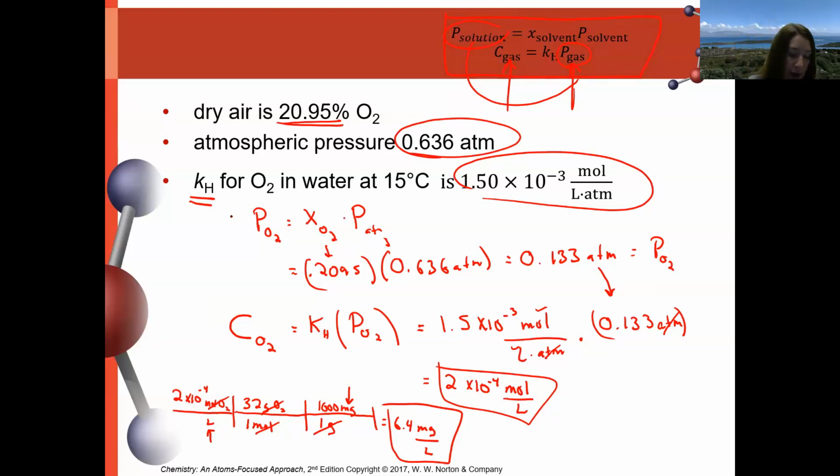So we had to figure out using Raoult's law, well, I need the oxygen part, just the oxygen part. So we got our oxygen part, which was 0.133. Then we use Henry's law to figure out our concentration.